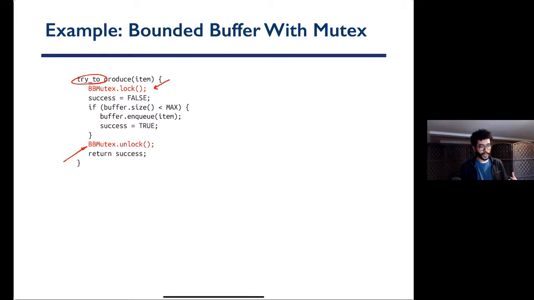Then I get the buffer and then enqueue the item that I have. So the item that I wanted to put in the buffer, I can put it. And then I set the success to true. And then I unlock and return success. So if the size is less than max, then this function, if it's able to put the item, returns success. Otherwise, it returns false.